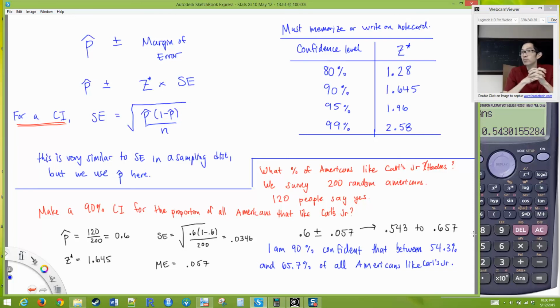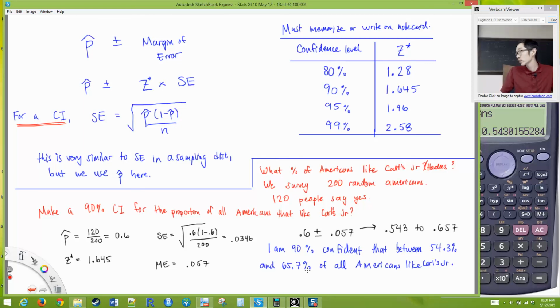So if we're asking about 70%, we look at our interval, and we're 90% confident that the percentage of Americans that like Carl's Jr. is between 54.3 and 65.7%. So 70% is outside of that range. So we're pretty confident that 70% is not the true proportion.